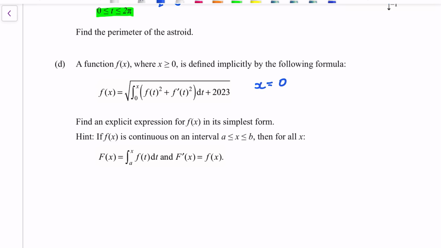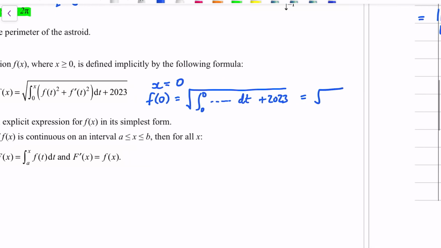If we sub in 0, we get f of 0 is equal to the square root, and this is where the fun happens, the integral between 0 and 0 of something plus 2023. Now, an integral between 0 and itself is equal to nothing, so we end up getting root 2023.